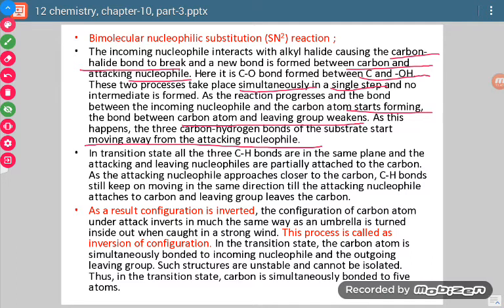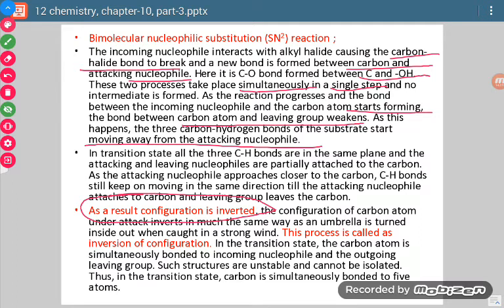Since the leaving group is going to leave the molecule, it results in the movement of the other groups also towards itself. Because of this, the configuration gets inverted. Configuration means which group is present where.